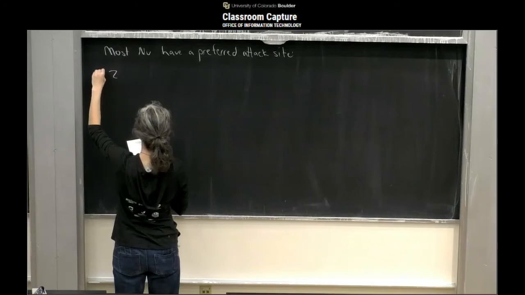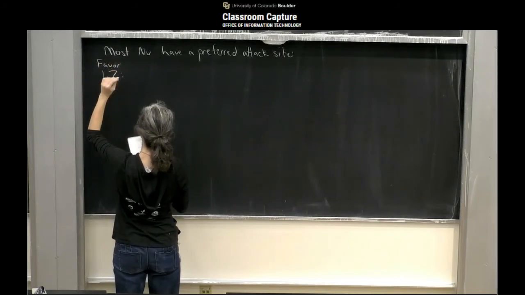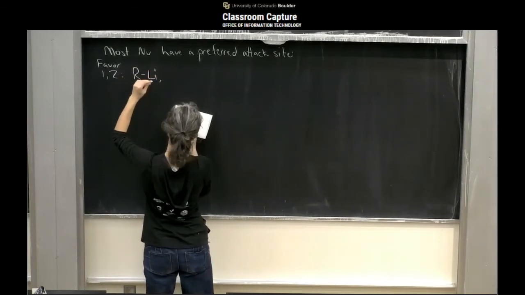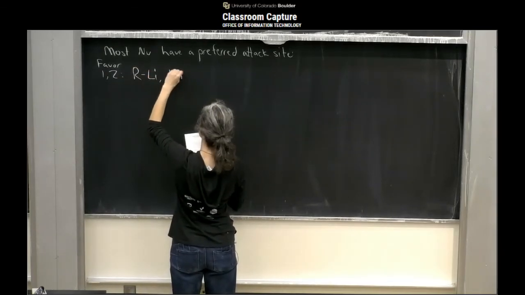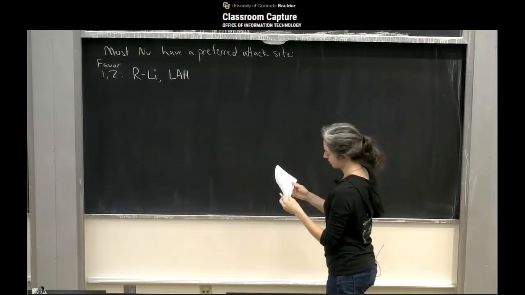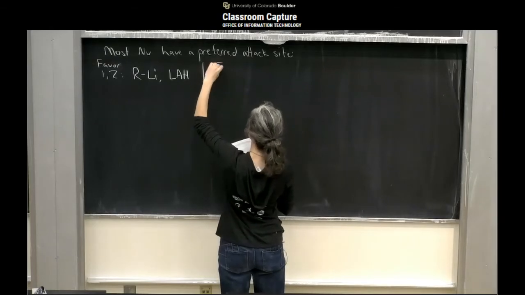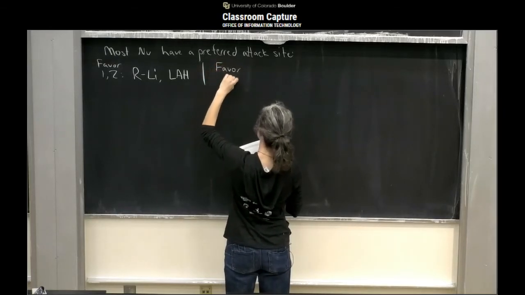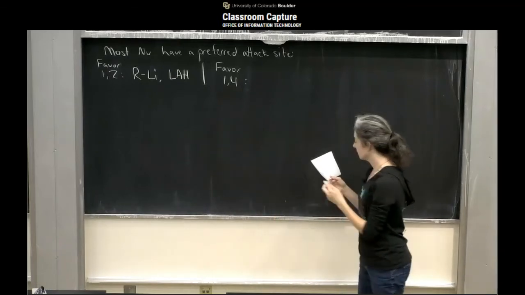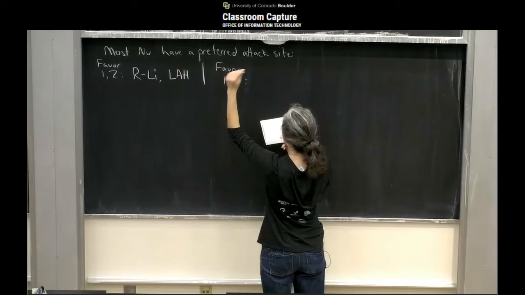So ones that favor 1,2 addition are alkyl lithiums and lithium aluminum hydride. Ones that favor 1,4 addition are going to be actually a lot of nucleophiles that we saw in the alkyl halide chapter.